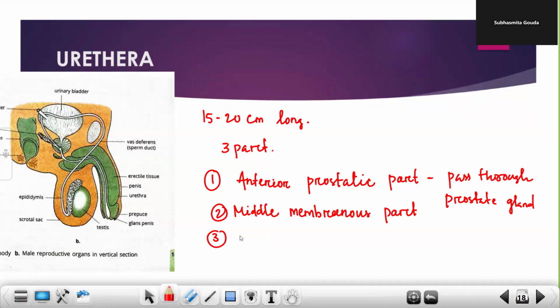And the last, third one is the posterior penile part. First one is the anterior prostatic part, second is the middle membranous part, and third is the posterior penile part. And the function of this urethra is a passage for both semen as well as urine.